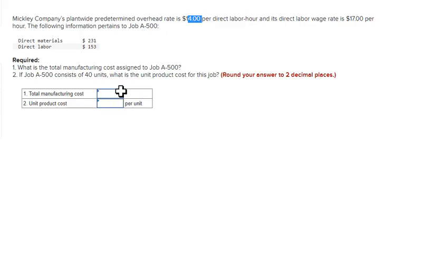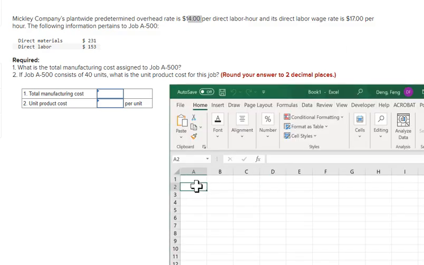So we'll see how much the total cost is. The direct material for this job is $231, and the direct labor is $153.